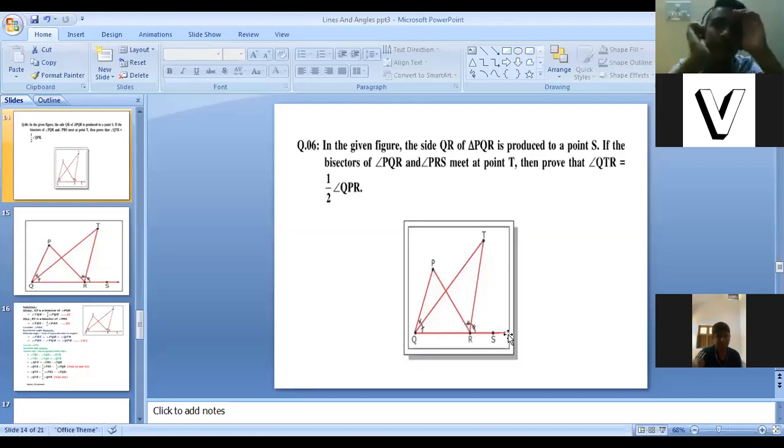Produced means extended to S. If the bisectors of angle PQR, that is, the angle divided into two equal angles, and of angle PRS meet at a point P, then prove that angle Q equals half of angle QPR.